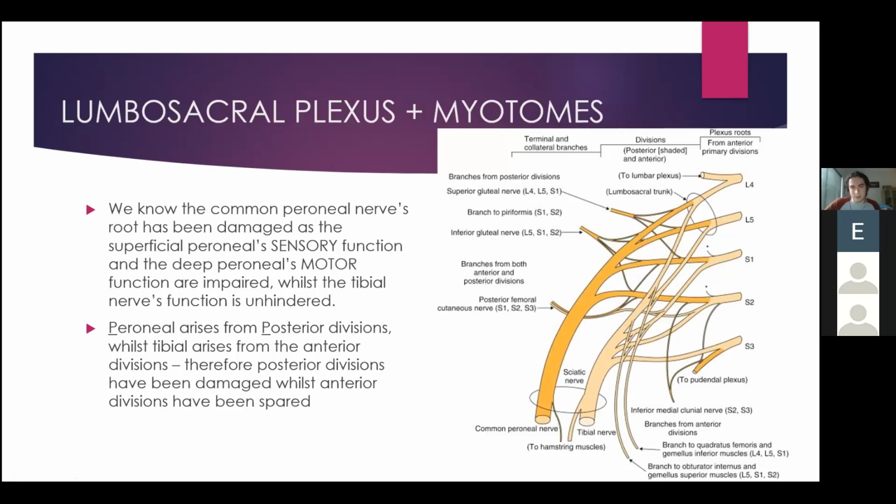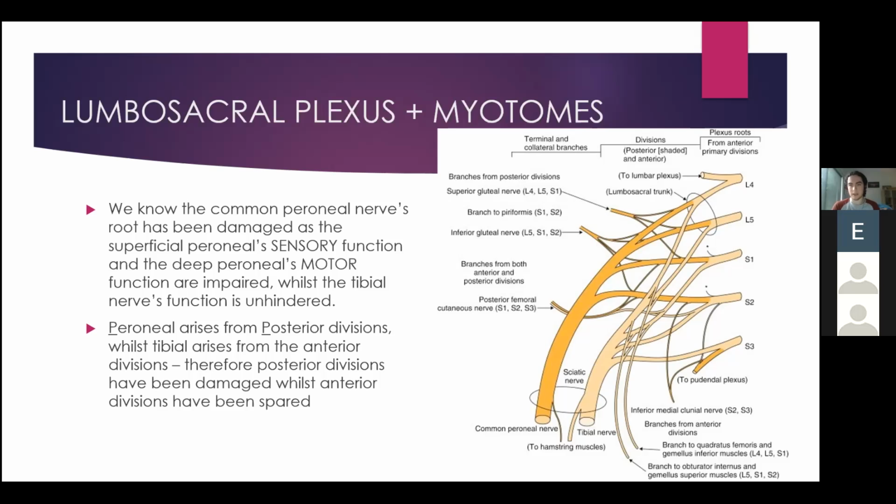But the main crux of this question is that the peroneal nerve and the tibial nerve are held together to form the sciatic nerve.